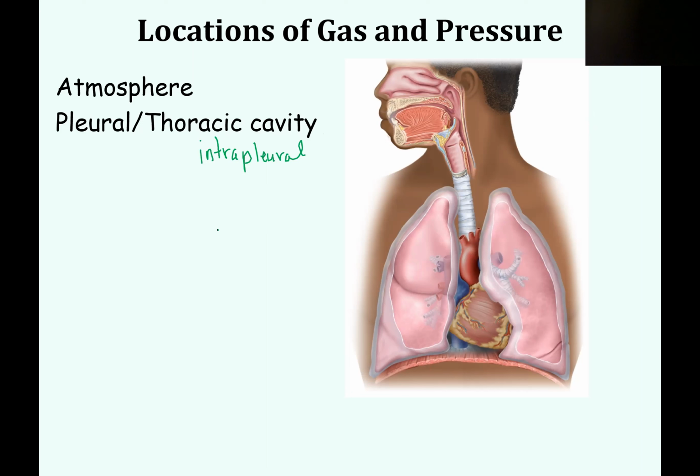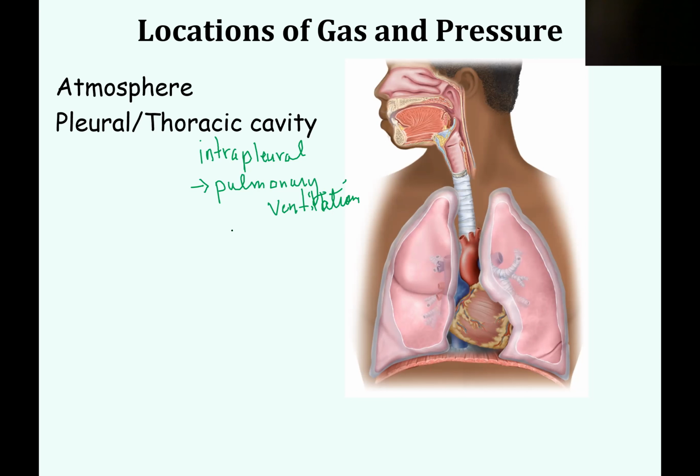There are two mechanisms for changing thoracic cavity pressure. And they are the two parts of pulmonary ventilation. Pulmonary ventilation is going to change thoracic cavity pressure.